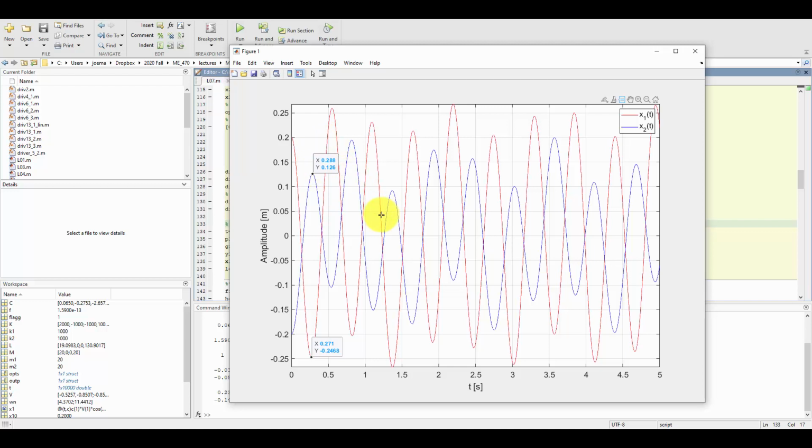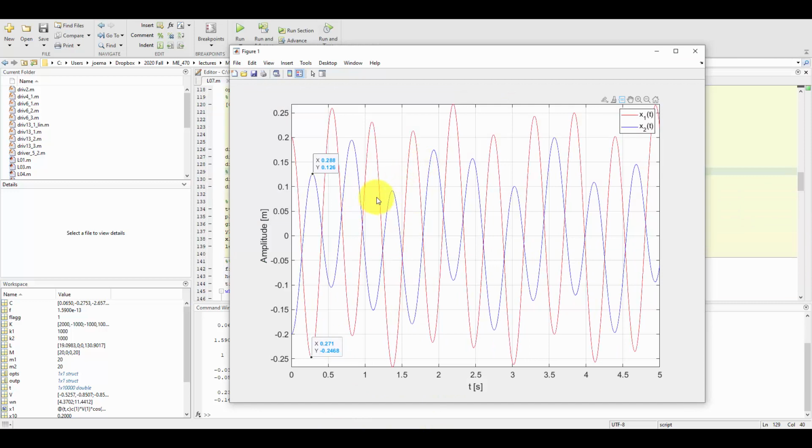So these two masses are very close to being in antiphase, as their peaks and valleys correspond with each other. We see one amplitude is much higher than the other for x1 and x2. They are both oscillating at both natural frequencies as we go forward in time.